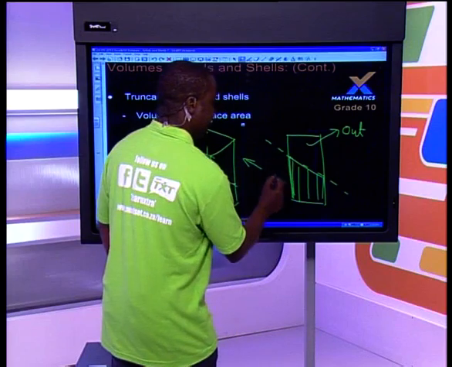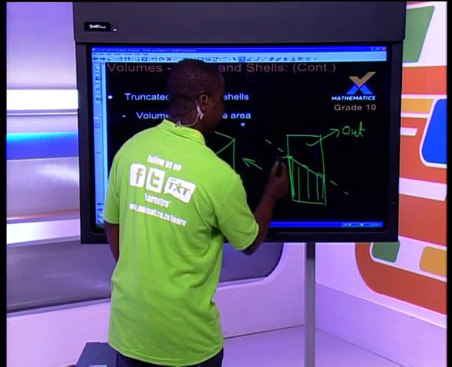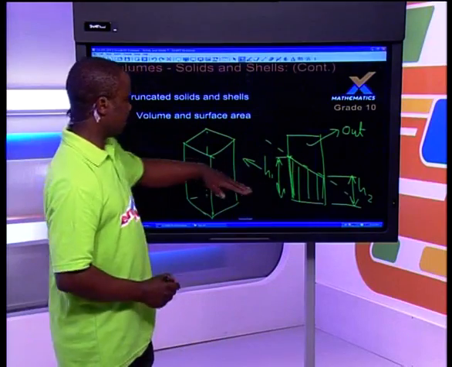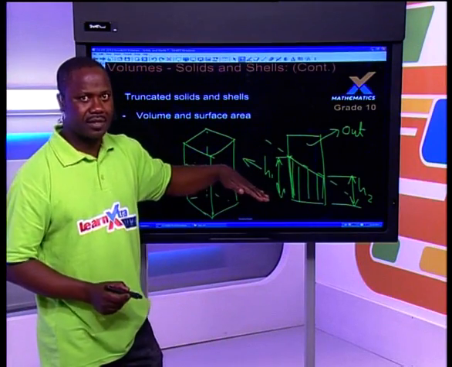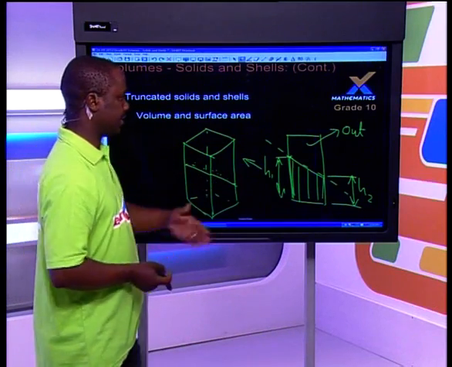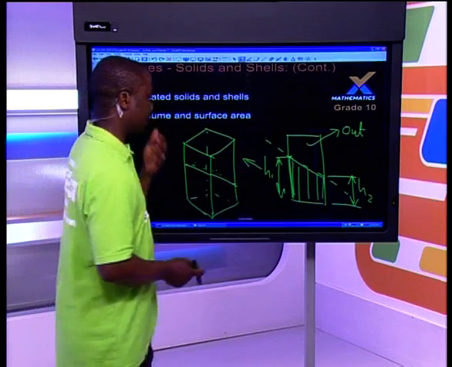So notice that you now have different heights. There is a height here, let's call it height 1, and on the other side, you've got another height, let's call it H2. Because this is a square base, I only have to deal with those two heights, and I cut it perpendicular to one of the surfaces. I could have cut it so that it's at an angle to all the surfaces, but I made it easy, just that one.